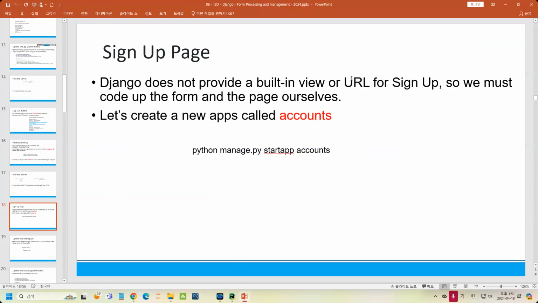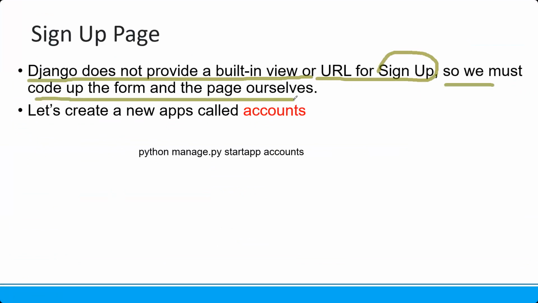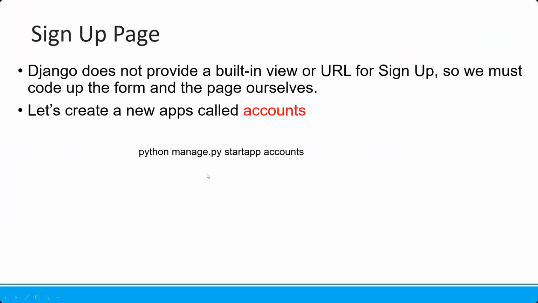Now let's make a new sign up page. Django does not provide a built-in view or URL for sign up, so we must code up the form and the page ourselves. Now let's create a new app, and the name of the app is accounts. I think by now you know how to create a new app.